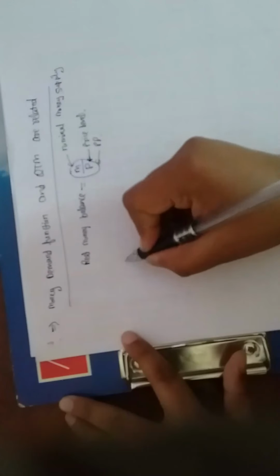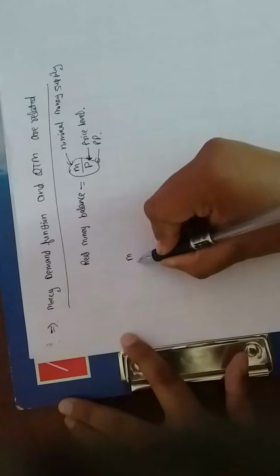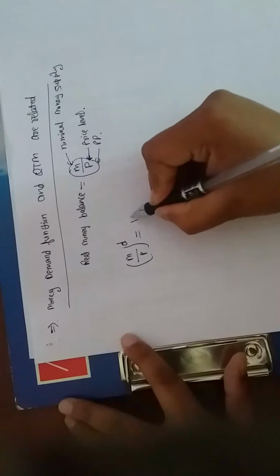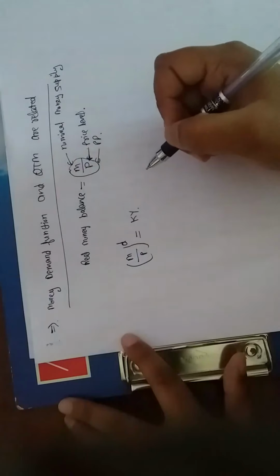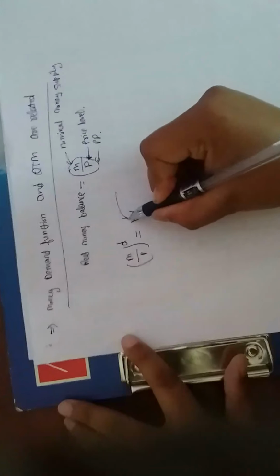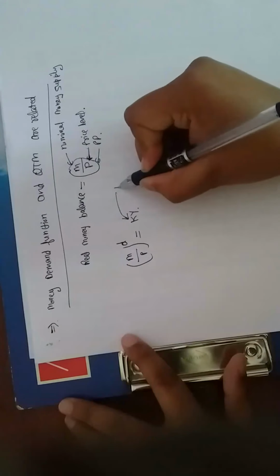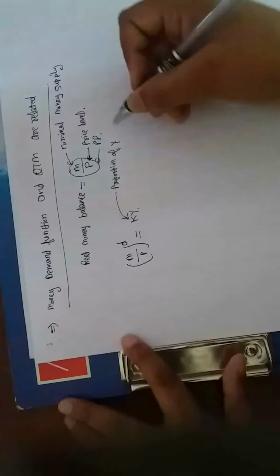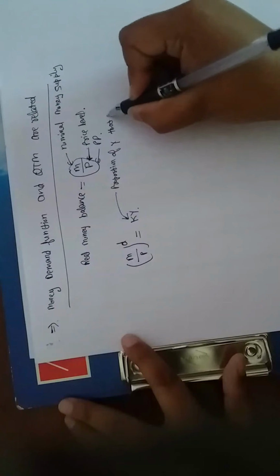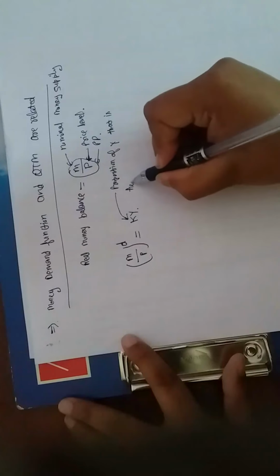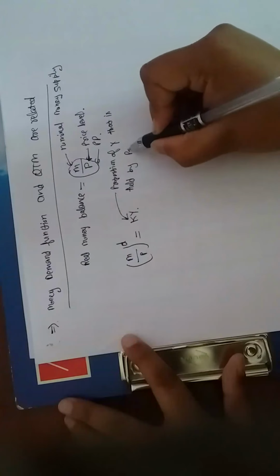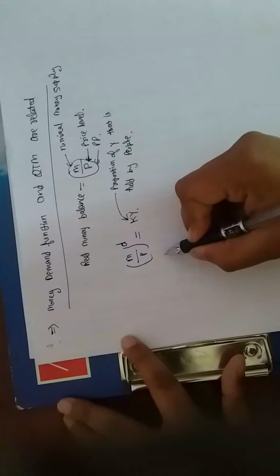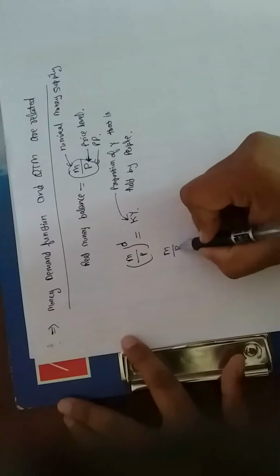And we can say demand for real money balance is equal to ky. This k represents the proportion of income that is held by people. So M upon P is equal to ky.